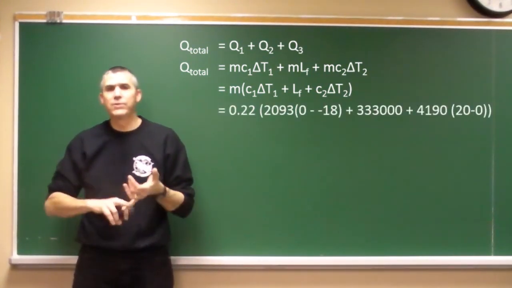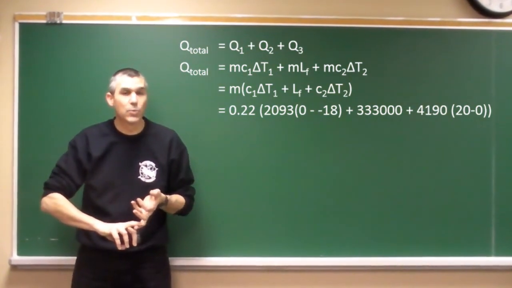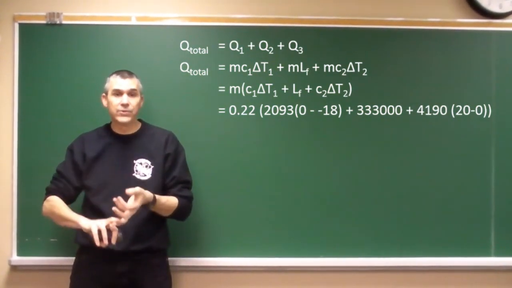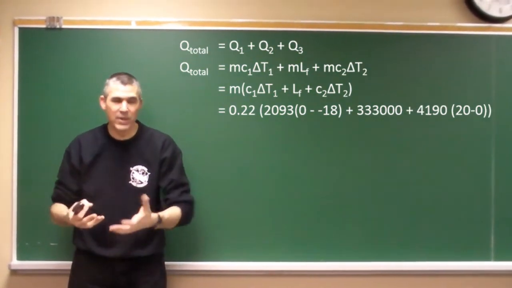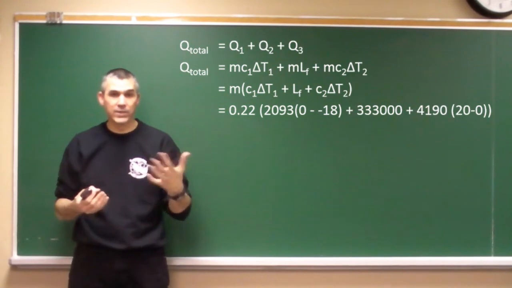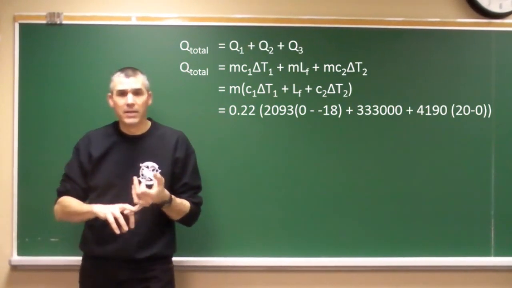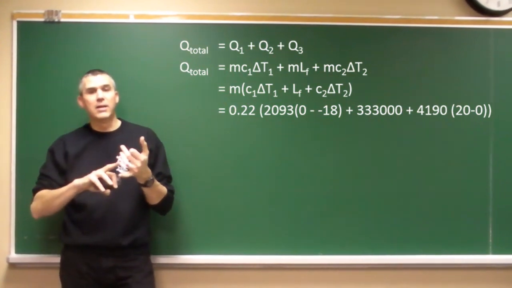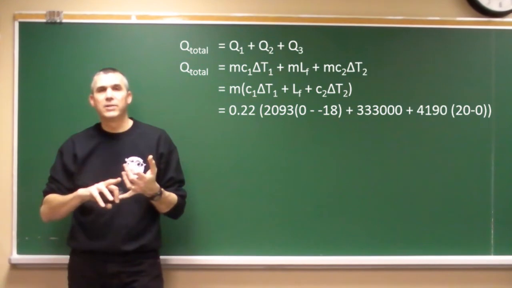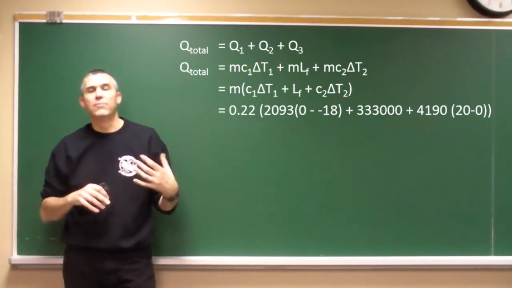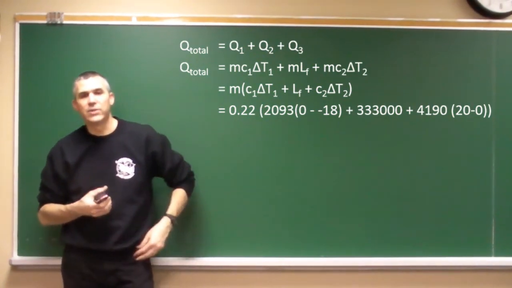But away we go, 0.22 kilograms times the specific heat capacity of ice, which is 2093 joules. The change in temperature is 0 minus 18, right? So that's going to be an increase of 18, plus the latent heat of fusion, plus the specific heat capacity of water, 4190 times 20, which is that second change in temperature.